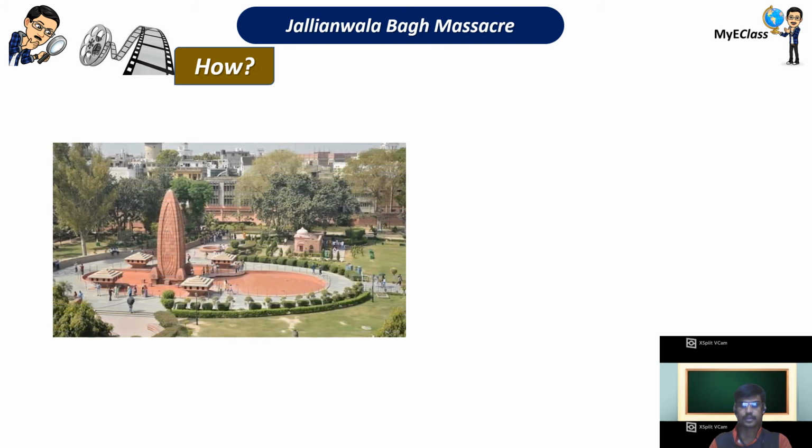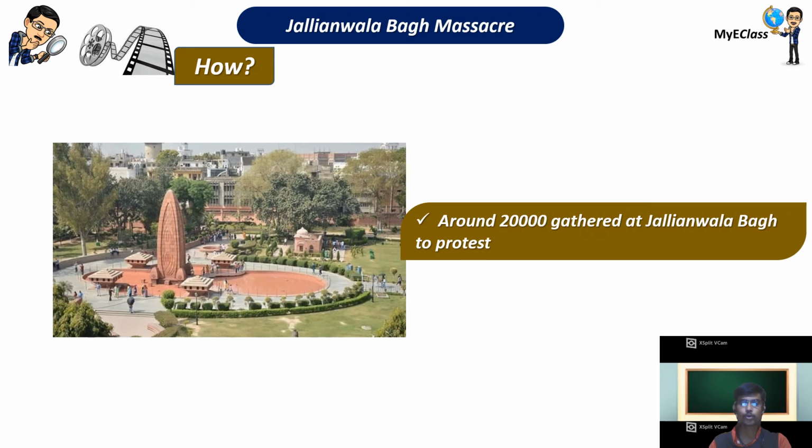And by afternoon, around 3 o'clock, around 20,000 people gathered at Jallianwala Bagh Park to attend the meeting and to protest against the arrest of Dr. Satyappa and Dr. Saifuddin.